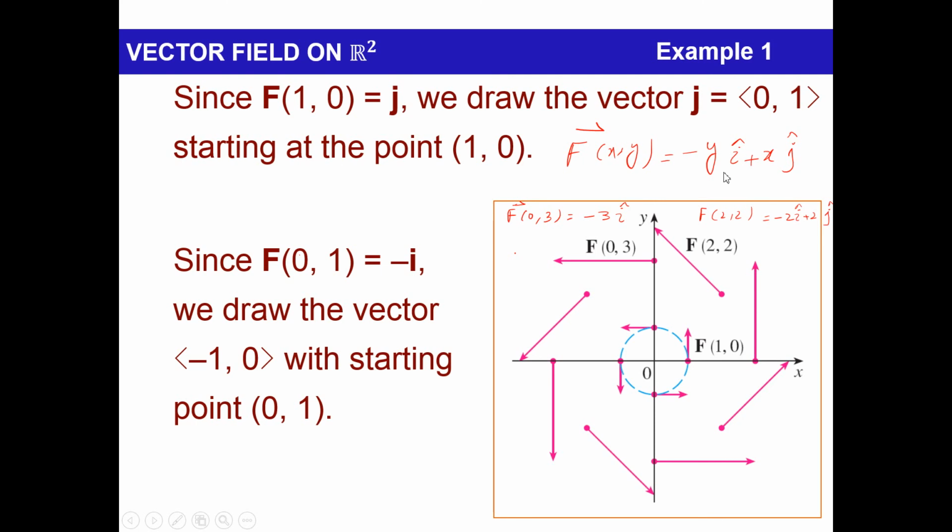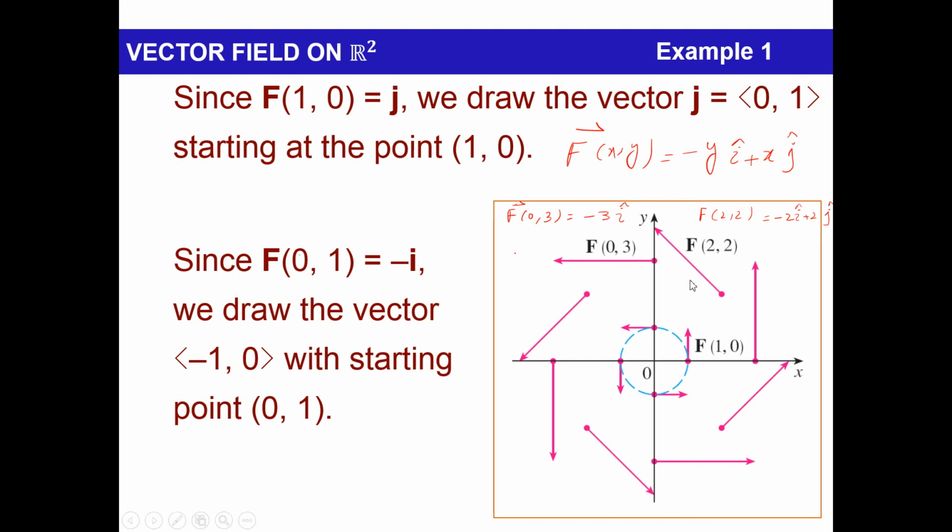There is no vertical movement, and y is 3. So here we have minus 3i. We have to move 3 units horizontally but in the negative direction. So the starting point is (0, 3). We have to move 3 units, 1, 2, 3 towards left. So we'll end up here and we'll join the initial point and end point to obtain the corresponding vector.